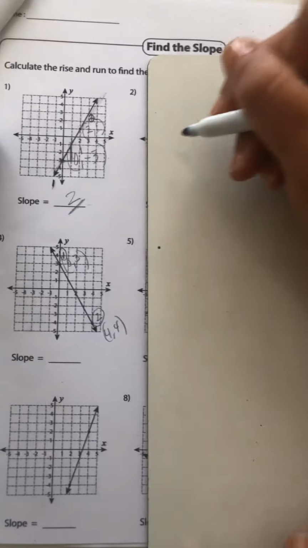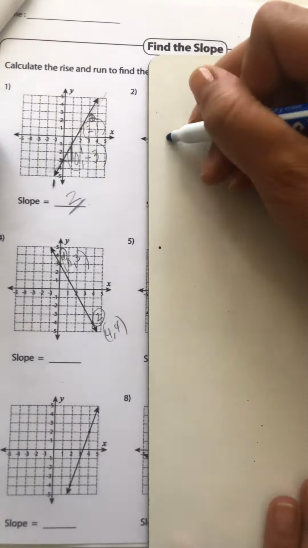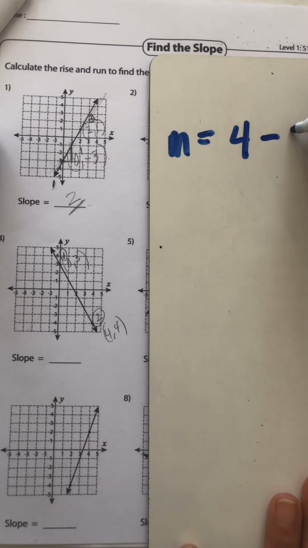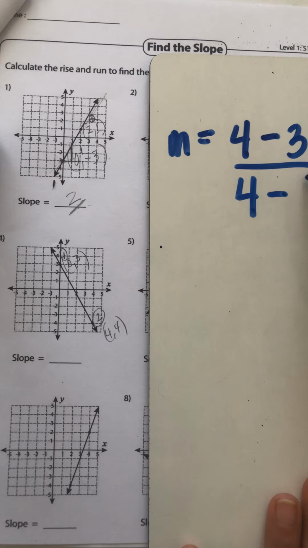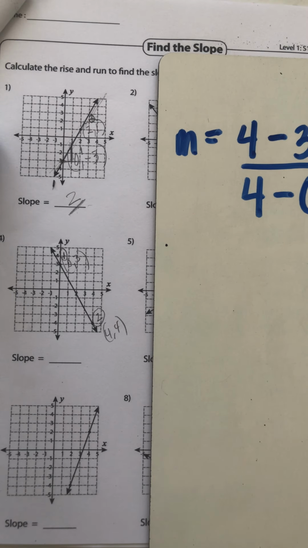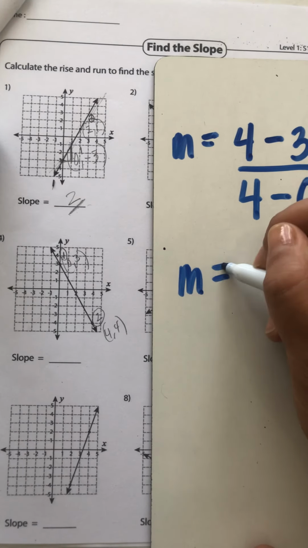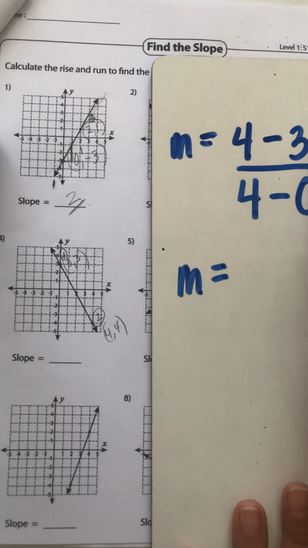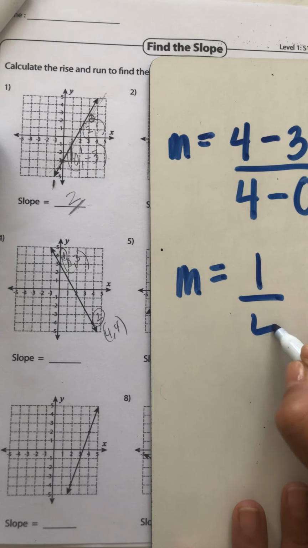So I fill in my equation, m equals y2, negative 4, minus y1, 3, and then x2 minus x1. So fill this out. This equals 1 over 4.